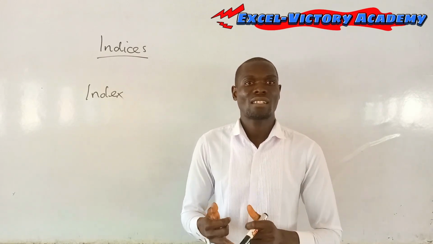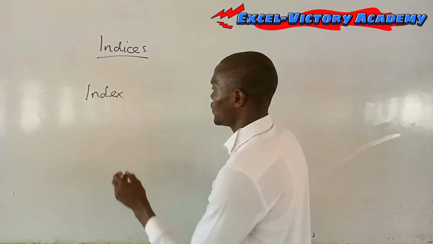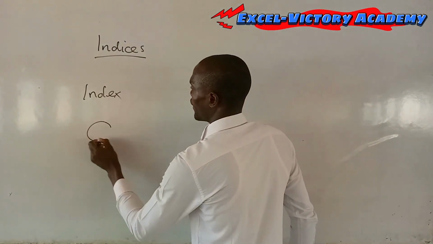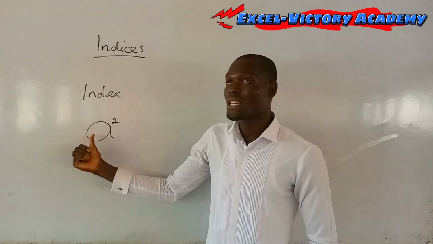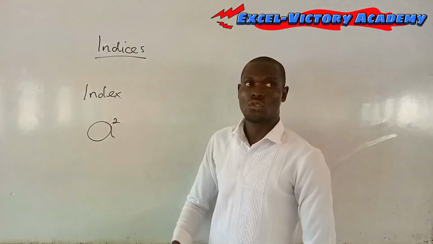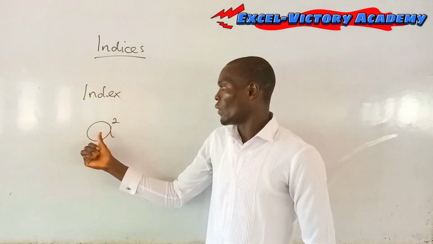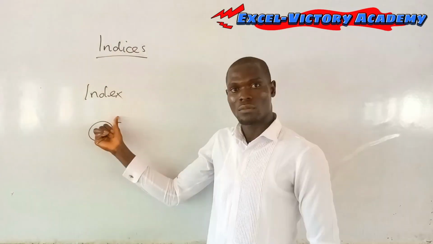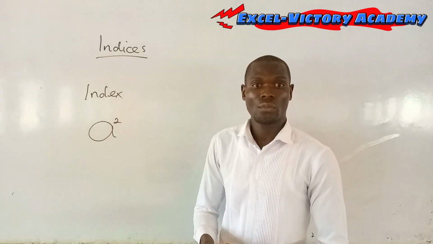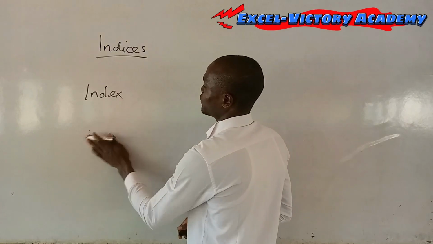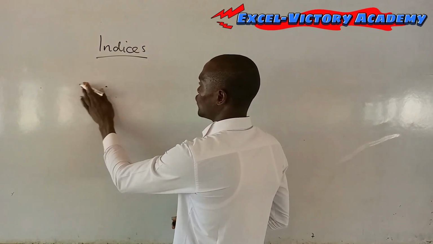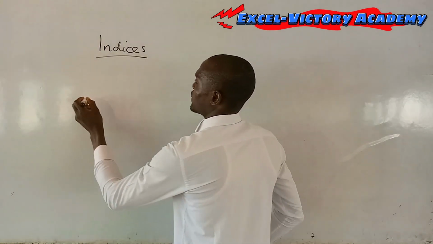It is also known as exponent. That is, you will have something like a raised to the power of 2. We can say the index of a is 2, or a exponent 2.